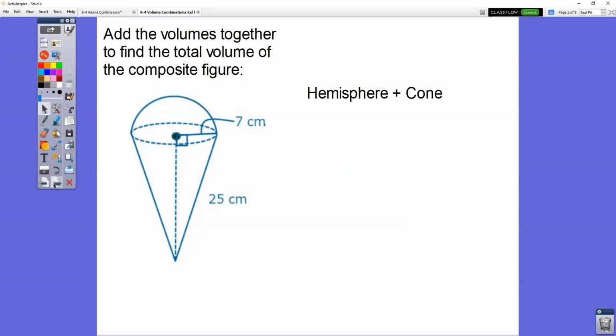So I find it very, very helpful to write the formula underneath what we're talking about. So a hemisphere is 1/2 times 4/3 times pi times your radius cubed, plus we have the cone. The cone is 1/3 pi r squared h. Again, I think it's very, very helpful to write those down first.